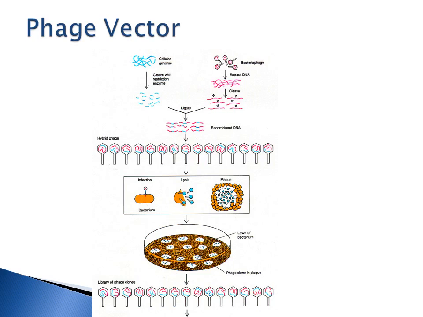So if you make a lawn of bacteria on an agar plate, where you get bacterial lysis from your virus infection, you're going to get a plaque, and those phage clones are in the plaques. So you can end up with a library of phage clones.